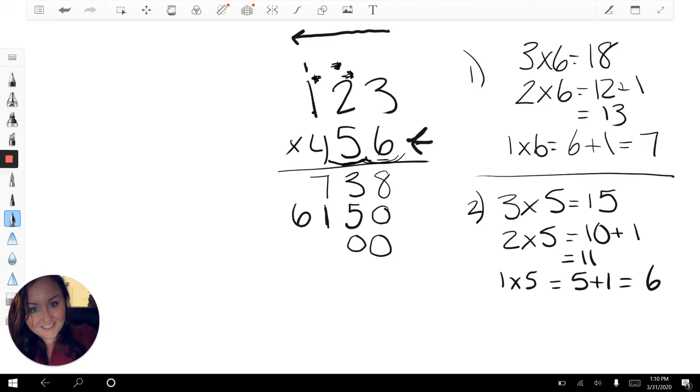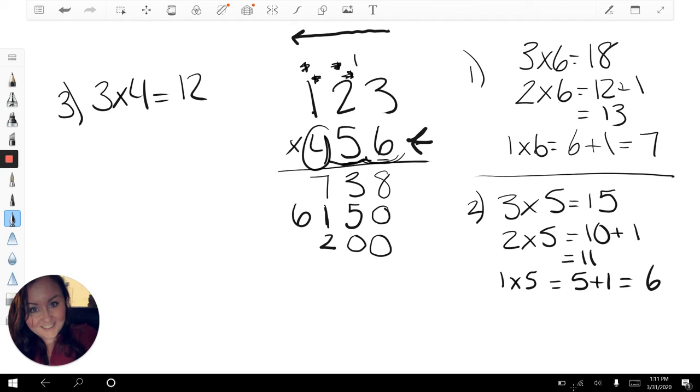Okay, so now, step 3, we're looking at 4. So we have 3 times 4, which is equal to 12. Good job. So the 2 here, and we carry the 1. Good.